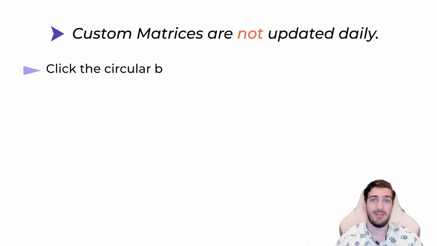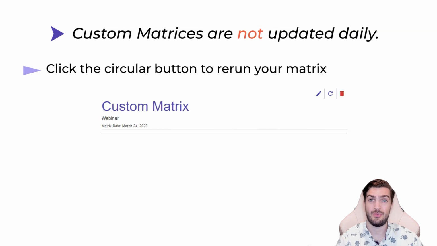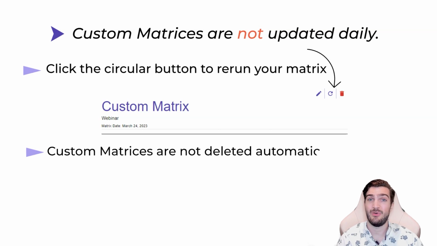All you have to do is click on the matrix you're interested in, and then click on the little circular rerun button up in the top right of that matrix. This will give you the option to change the name of the matrix, and of course, a create button to rerun and update that new custom matrix. But don't worry, it doesn't delete your old custom matrix, so you can always go back and view a historical custom matrix that you've created and saved.